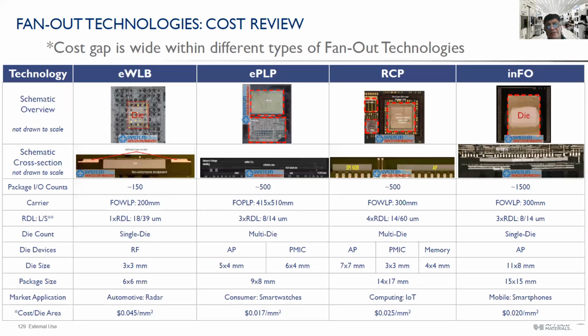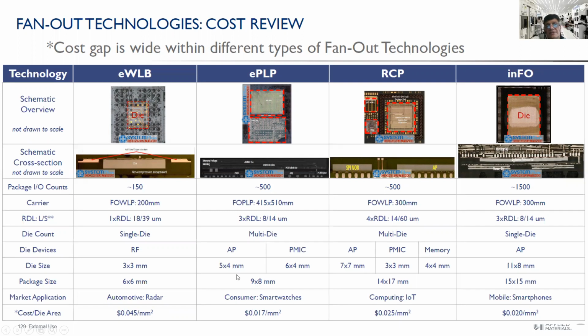And on this slide, the key message: take a look at the interconnect counts that are being looked at. InFO is integrated fan-out, and this is the basic fan-out thing.